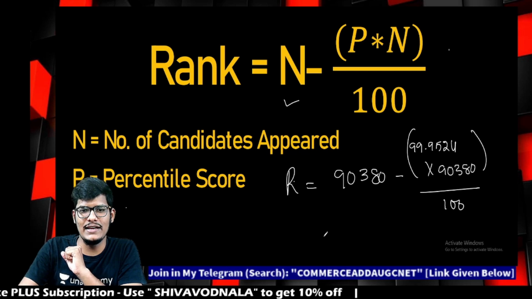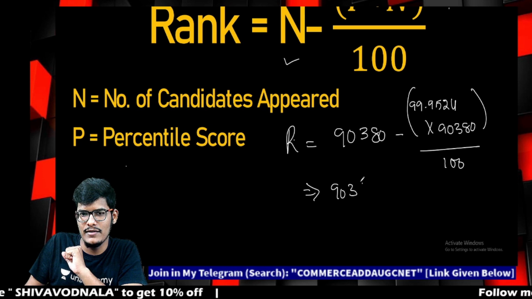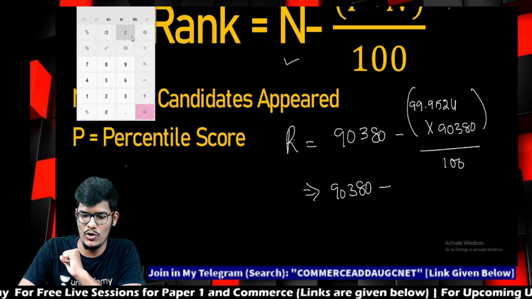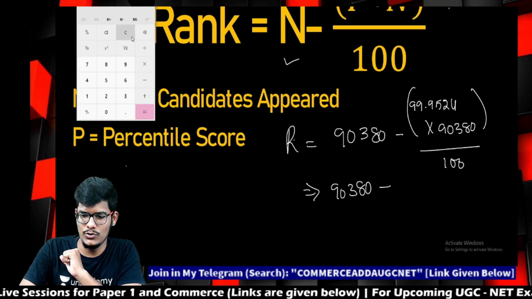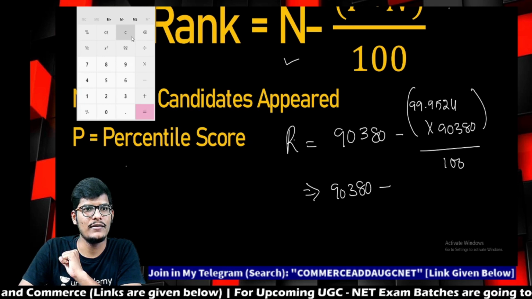Now you can get the calculation simply: 90,380 minus 99.9524 into 90,380 divided by 100.